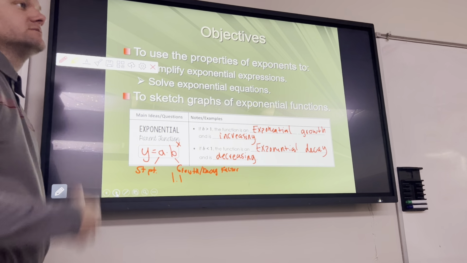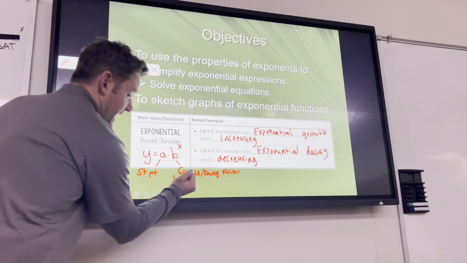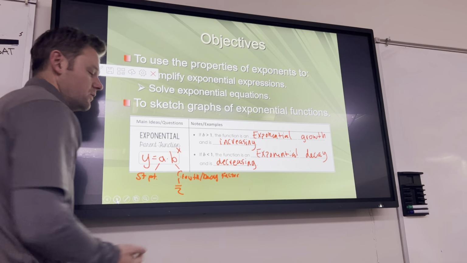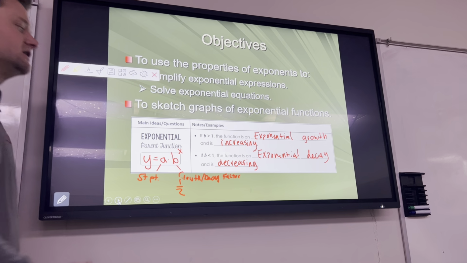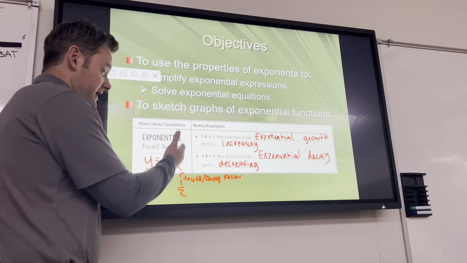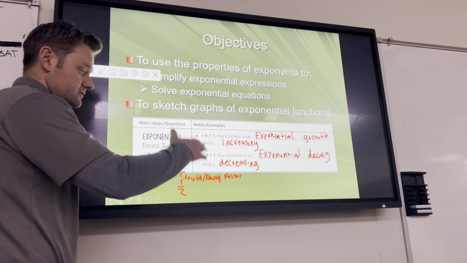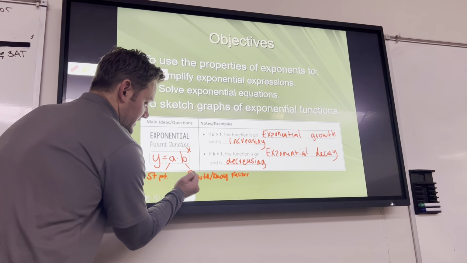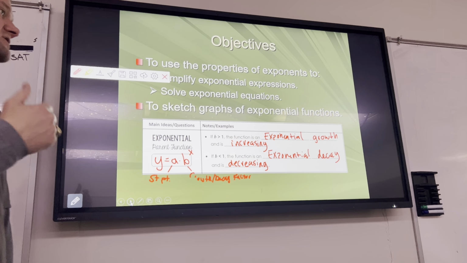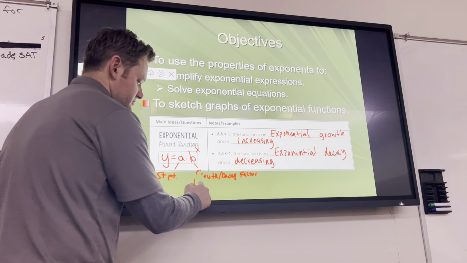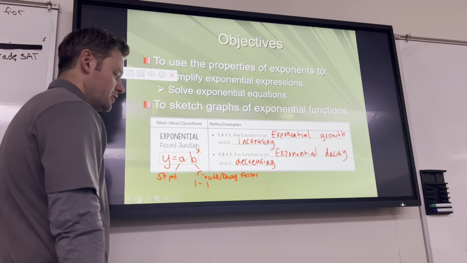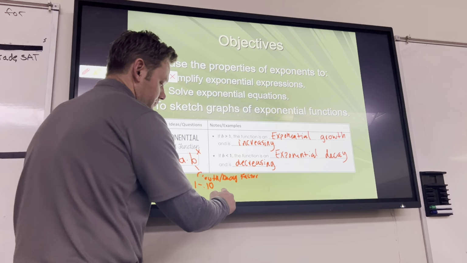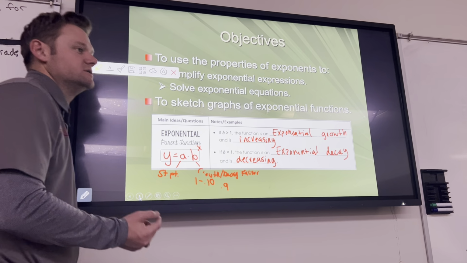Now, what if it's decay? If I know the half-life of something, my b would be 1/2. If it's dividing by half every so often, or decreasing by half, I would have a b of 1/2, and that would be an exponential decay. If it's decreasing by 10%, I just do 1 minus 0.10, and my b would be 0.9 to the x.